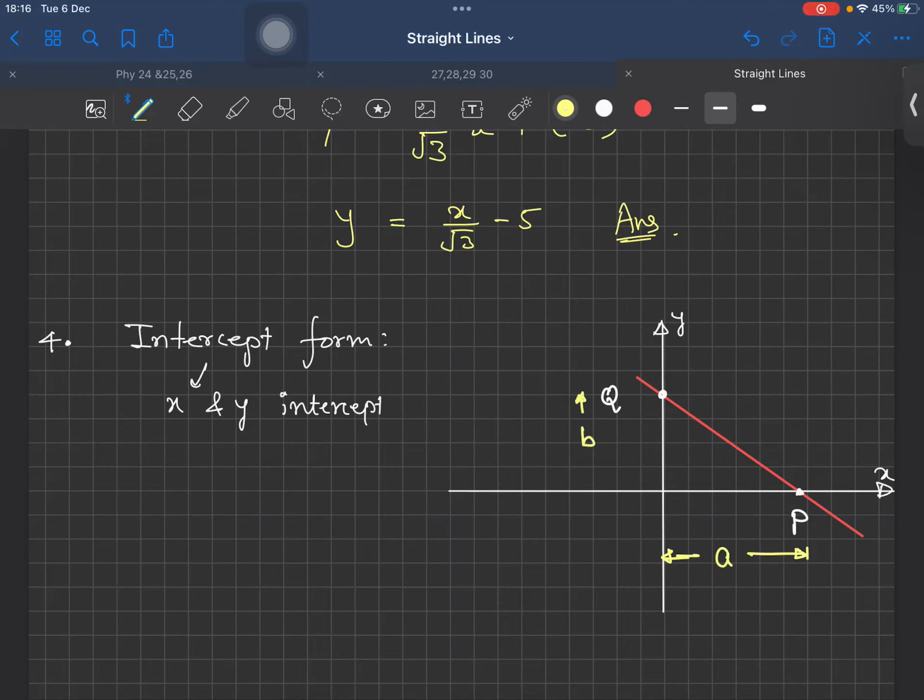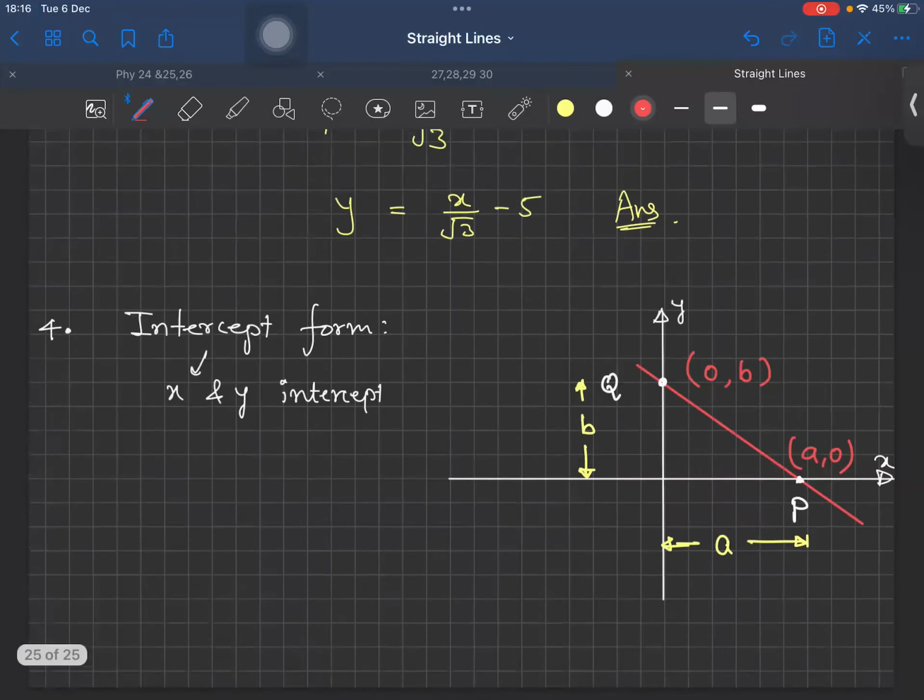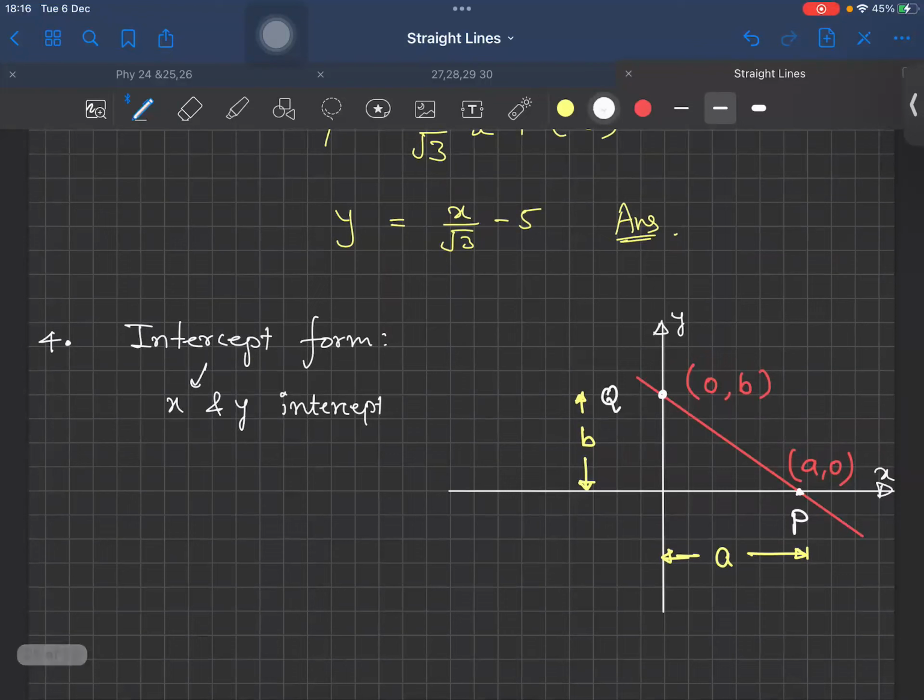Now tell me, what will be point Q? Q will be 0, B, sir. 0, B, very good. And P will be A, 0. A, 0, right? Now you have 2 points. These 2 points you have. Now can you tell me the slope? How will you find the slope?